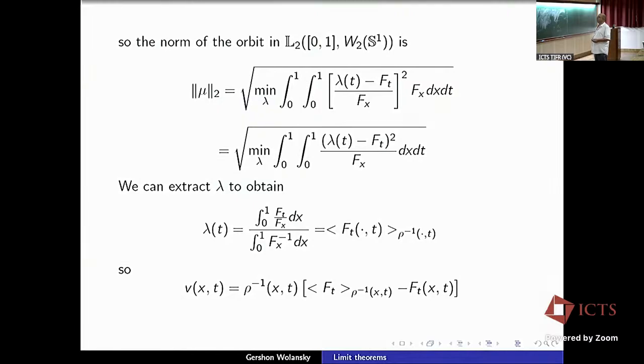It is just the average of the function derivative by t. We average it with the mass 1 over rho. That's the integral of df/dt times 1 over rho, over the integral of 1 over rho. That's precisely the average with respect to 1 over rho. So this is the velocity field: 1 over rho times the average of f_t minus f_t.